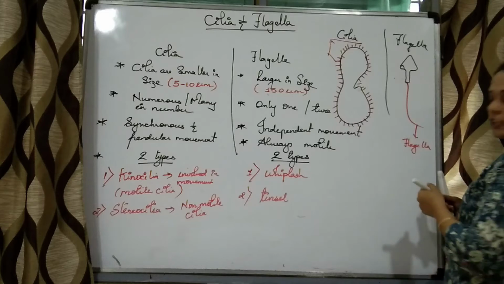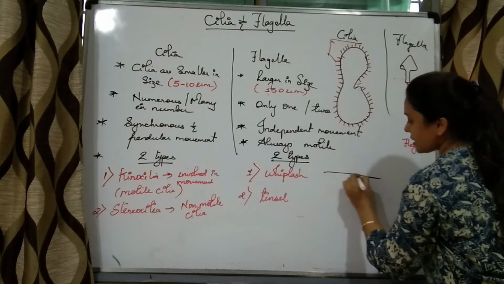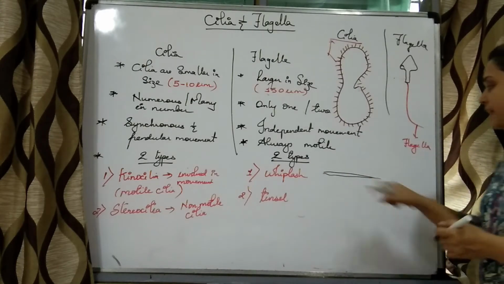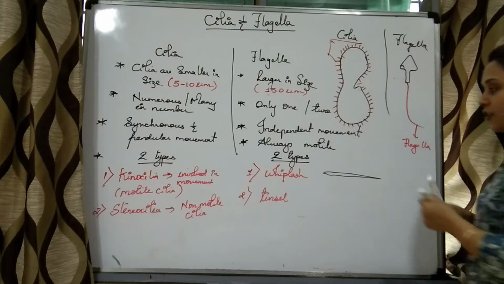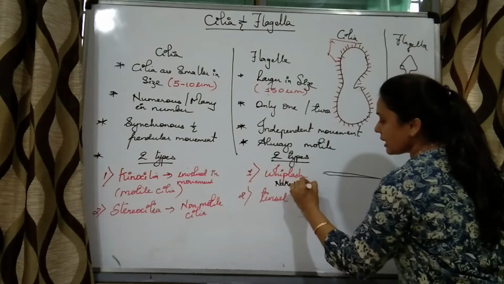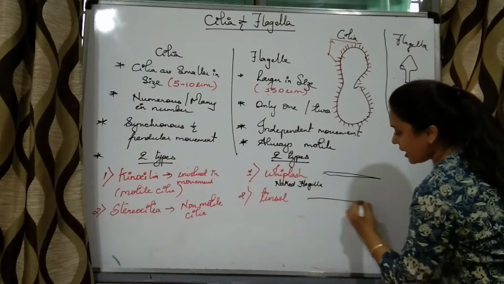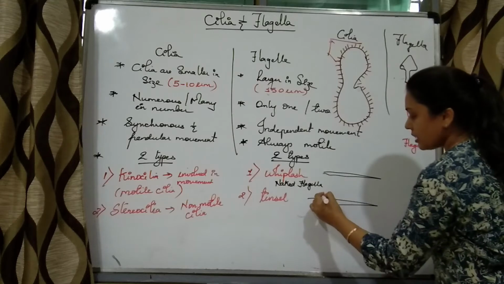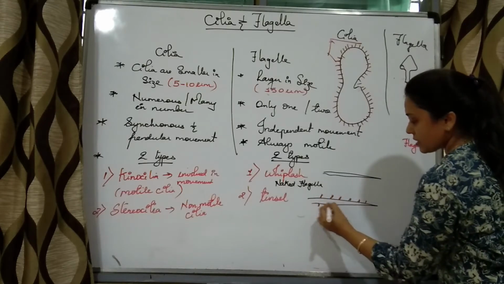If we draw the flagella, say this is one flagella, a single flagella. This flagella does not have hair-like or bristle-like structures on its surface. Such flagella is whiplash flagella or naked flagella. Whereas this other flagella has hair-like, bristle-like structures on its surface.